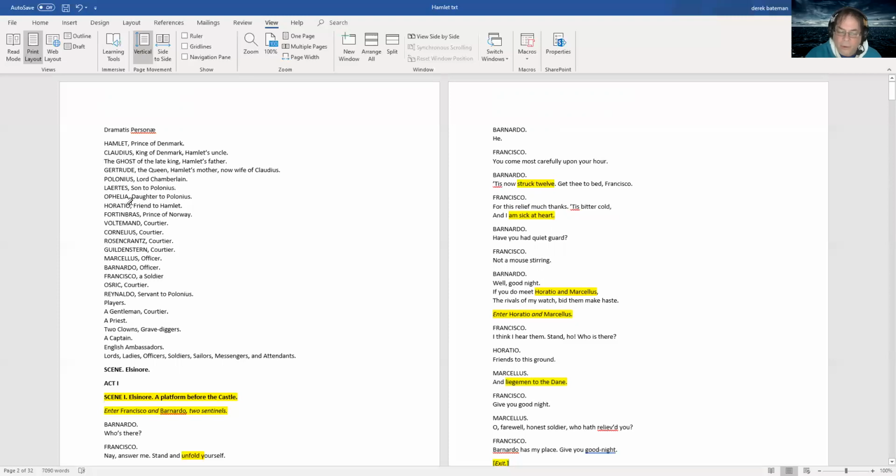We see that he's different. Horatio is a friend to Hamlet. Okay, so he's not necessarily coming and armed as a guard on the watch. He's not categorized or classified as a soldier, a sentinel, or an officer. He's a friend of Hamlet's, okay?